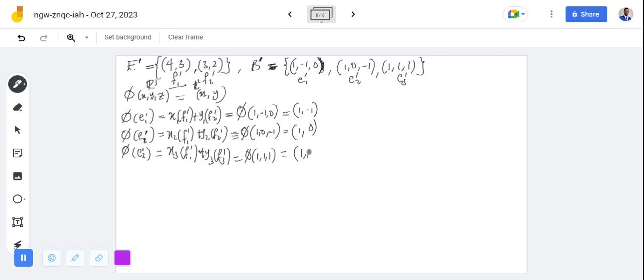So I think I should have 1 comma 1 left in that case. So if I decide to write x1 here, what's our f1 prime? Check it here. That's 4 comma 3. Then plus y1, that will be 3 and 2. So it remained the same all through, except aside from the x2, x3, and also aside from the y2, y3.